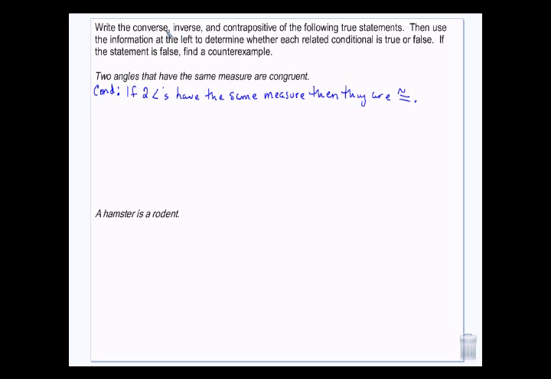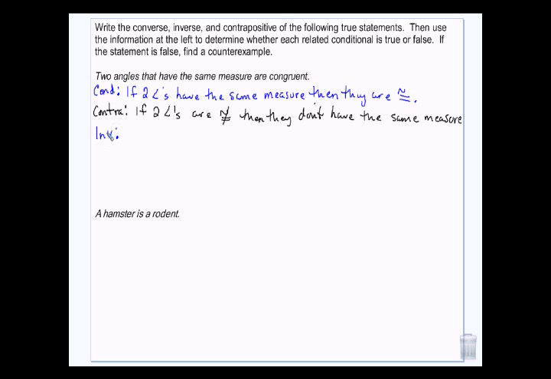Do you want to do inverse, converse, or contrapositive next? Okay. So our contrapositive is we flip it and we make it negative. So if two angles are not congruent, then they don't have the same measure. Okay. Inverse or converse next? Okay.